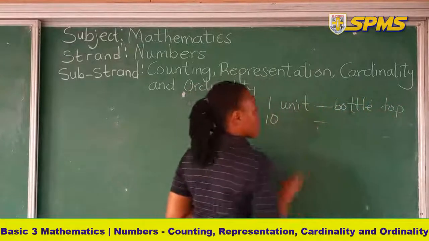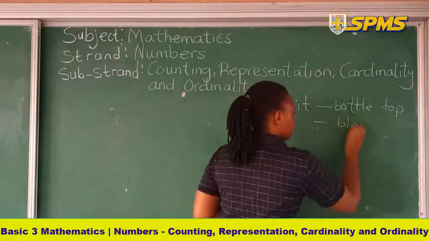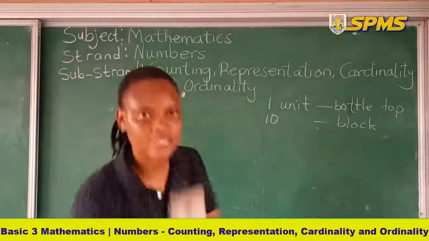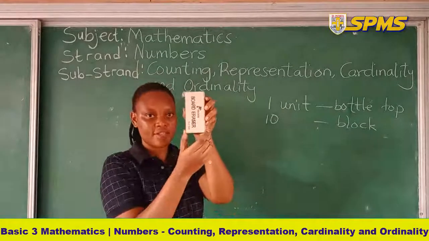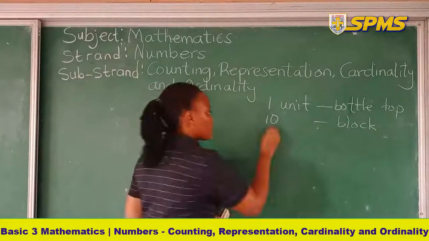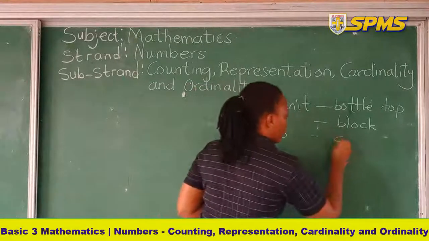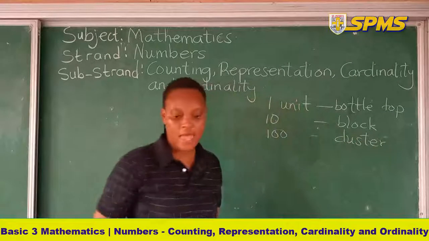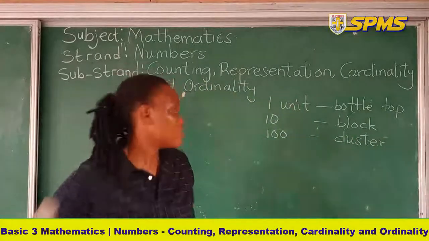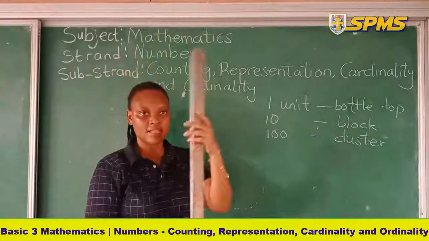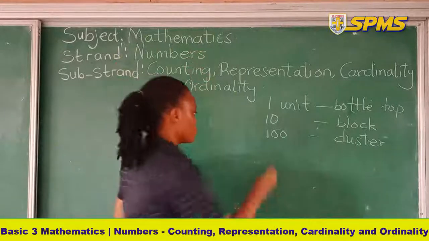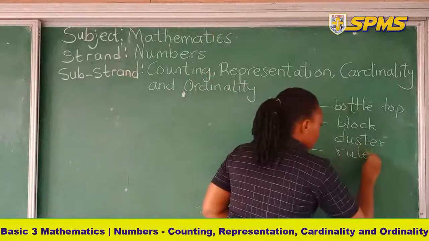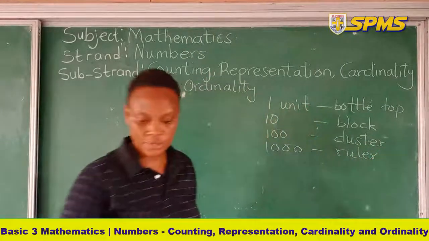Now let's assume this duster is in hundreds. So we have hundreds for the duster. And then this ruler is in the thousands column. So we have 1,000 for the ruler. Good.